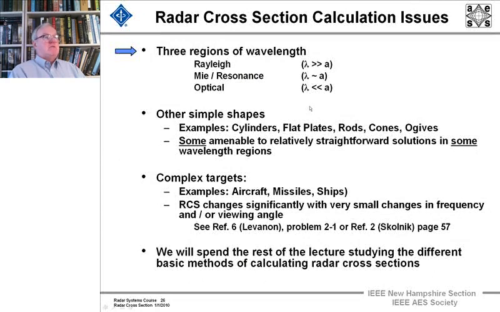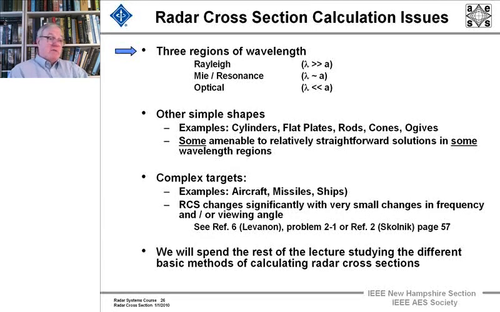There are a bunch of other relatively simple shapes, and some of these are cylinders, flat plates, rods, cones, and ogives. Some are amenable to relatively straightforward calculations in some wavelength regions. And that alludes to the skull and crossbones area I talked about. Complex targets such as aircraft, missiles, and ships, the RCS changes significantly with small changes in frequency or viewing angle.